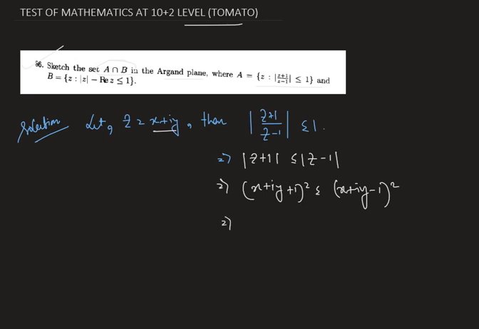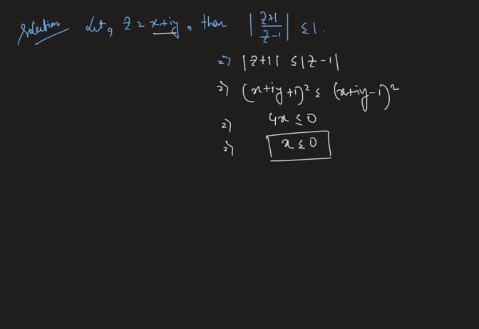And after solving this we get 4x is less than or equal to 0, so x is less than or equal to 0. Therefore we can say that the set A reduces to z such that x is less than or equal to 0.